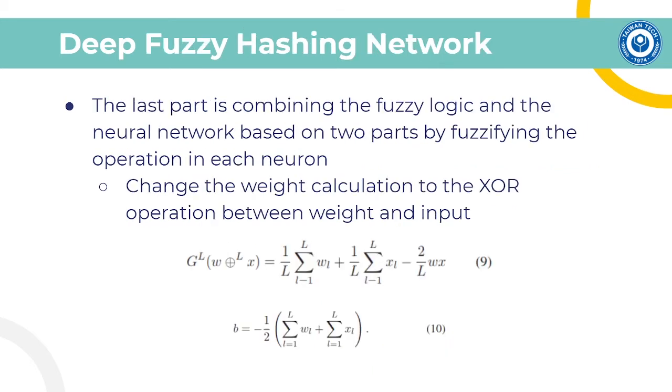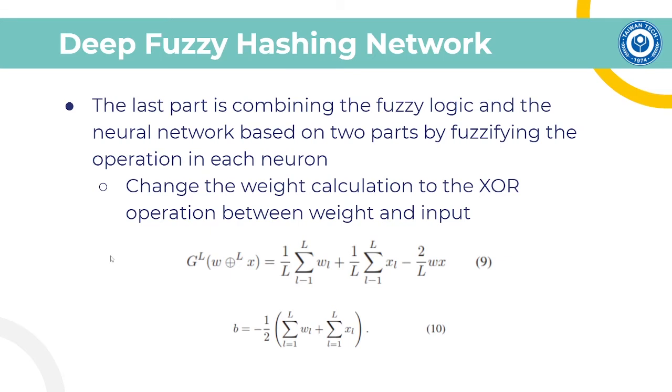So the last part is about how to combine the fuzzy logic into the neural network based on the previous part. So they perform that by fuzzifying the operation in each neuron. They change the weight calculation in the neuron using the sort operation between the weight and the input.